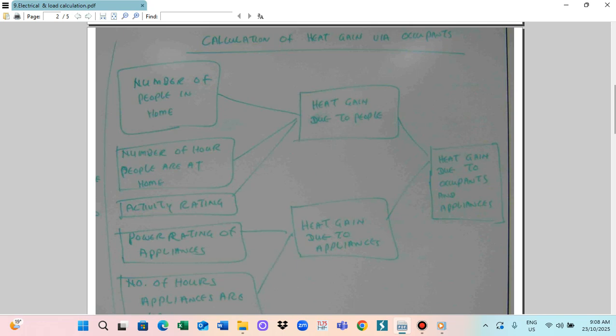It also depends on the number of hours people are at home, and the activity rating of the people.